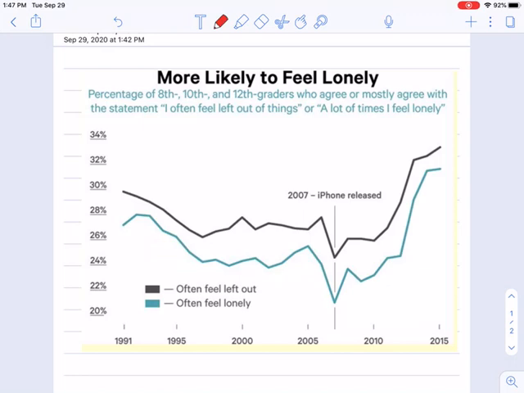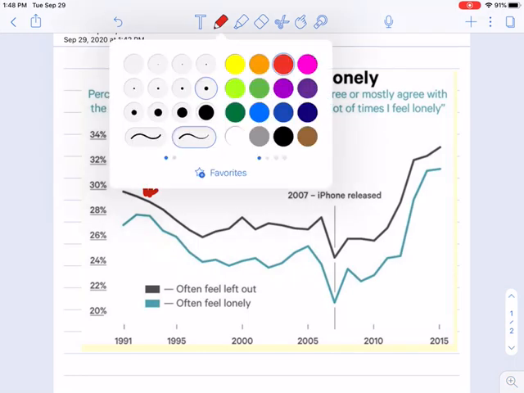First, we need to look for places on this line that look interesting to us. It can be any place in the line. For example, I'm going to say this part of the line looks interesting, so I'm going to write an arrow.